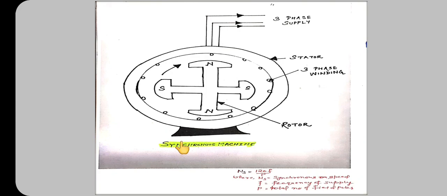Now, only two slip rings are required to supply direct current to the rotor, and since the excitation current is supplied at very low voltage, for example mostly 125 volt or 250 volt, there is no difficulty in insulating them.